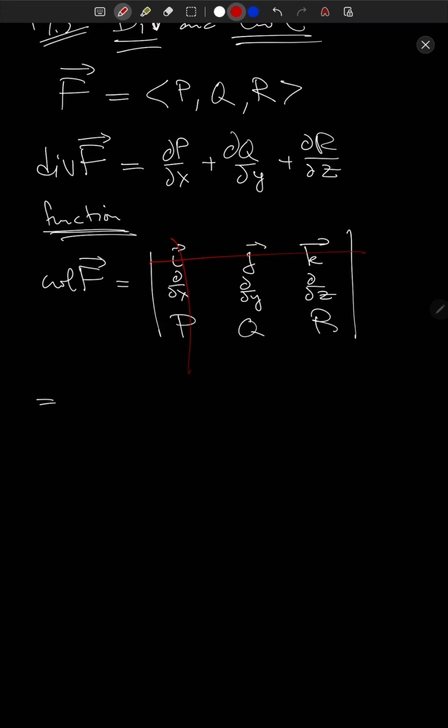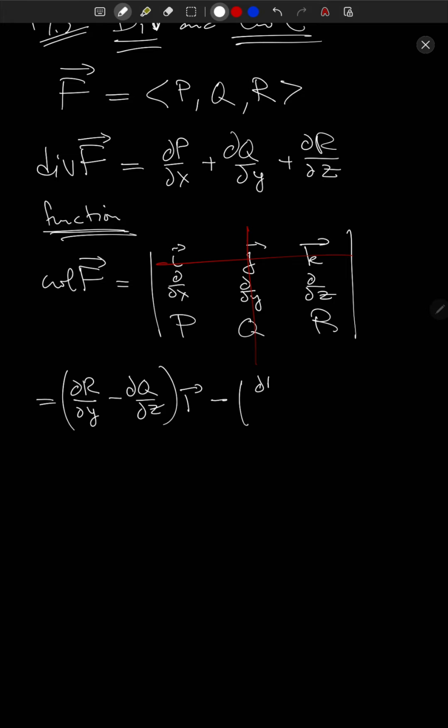So if you calculate this, let's actually do it. The i component of the curl is going to be dR/dy minus dQ/dz. This is the i component. Then we've got the j component, cross out that and that, and again, minus the j component.